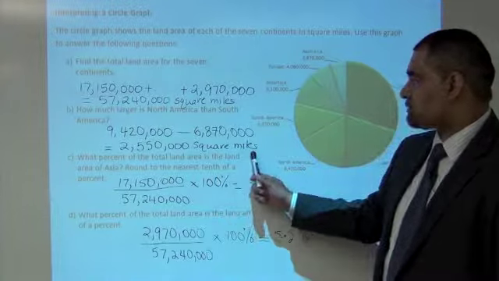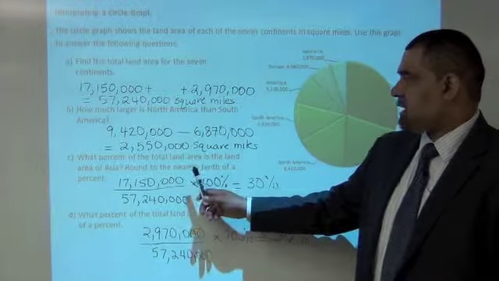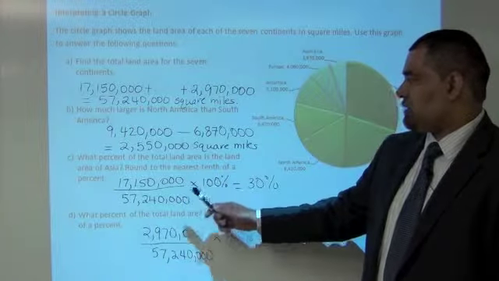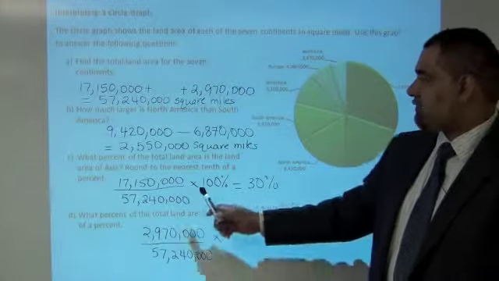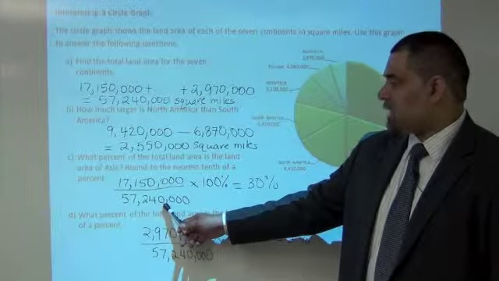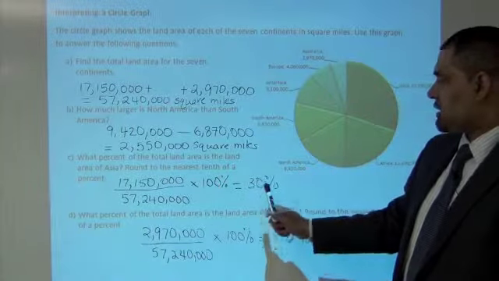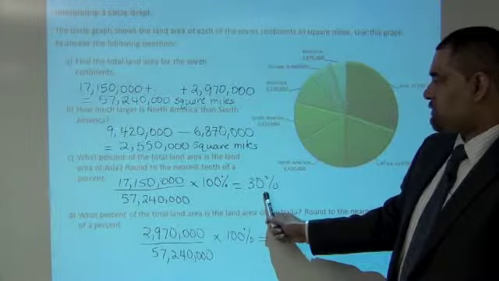2,550,000 square miles. The third was, what percent of the total land area is the land area of Asia, rounded to the nearest tenth? So I need to identify the land area for Asia, and then divide it by the total land area for all 7 continents, multiplied by 100%, and 30% was the result.